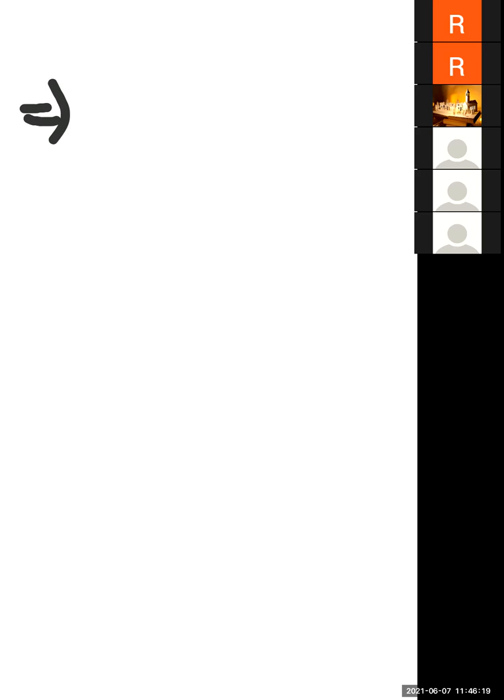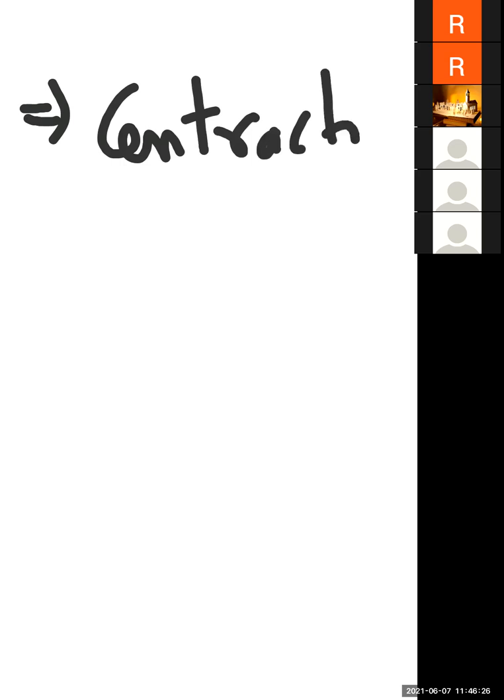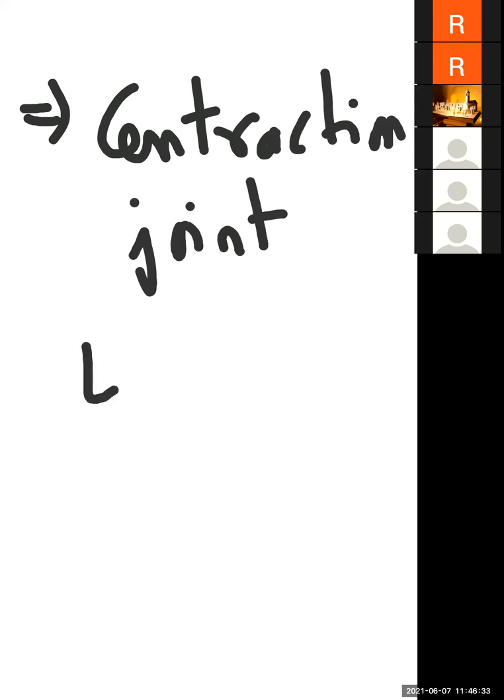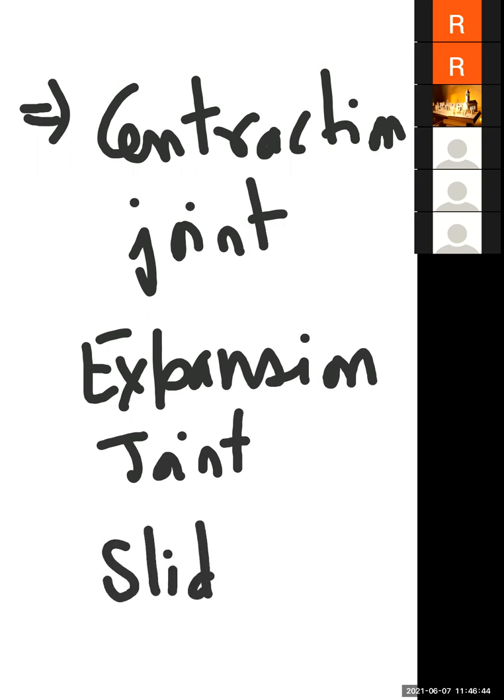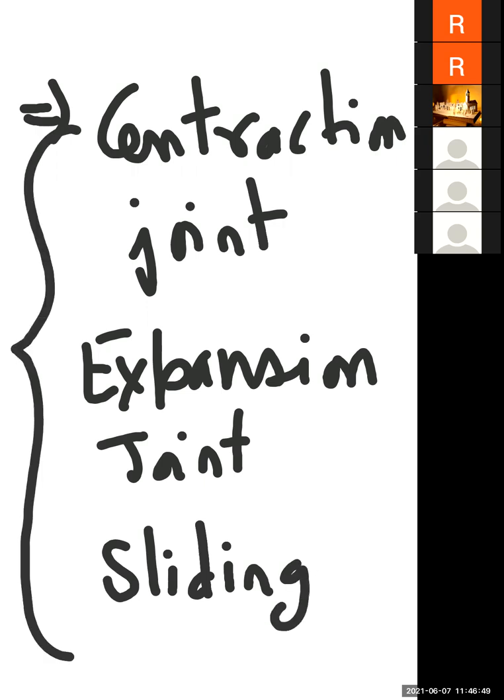Either it will be a contraction joint, or expansion joint, or sliding joint. These all are the types of movement joint.